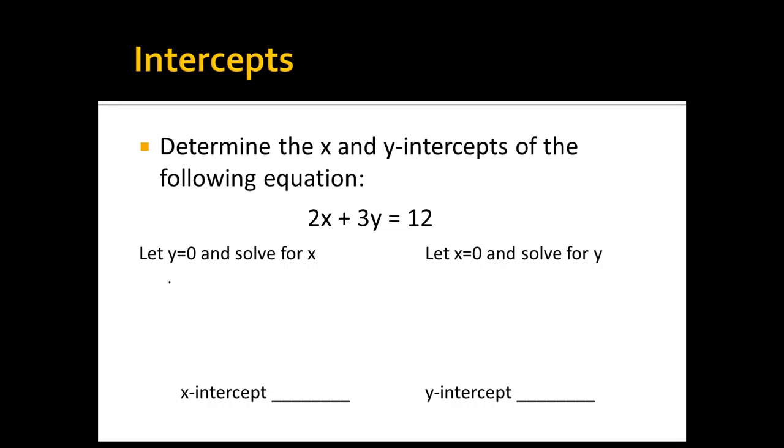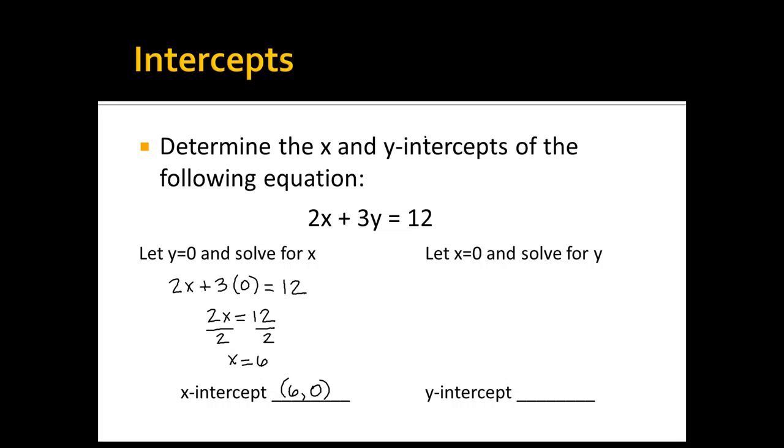So we're going to write our equation as 2x plus 3 times 0 instead of 3y is equal to 12. 3 times 0 is 0, so we're left with 2x equals 12. We solve it just like we've been solving equations. Divide both sides by 2, and we get x is equal to 6. So the x-intercept is the point with an x-coordinate of 6, a y-coordinate of 0.